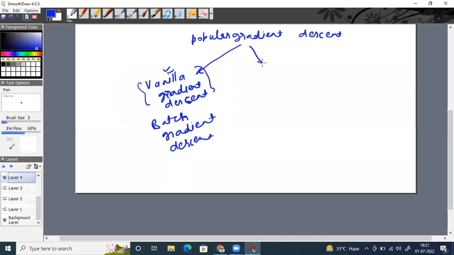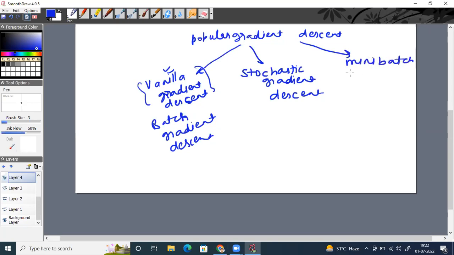The second one is stochastic gradient descent, and the third one is mini batch gradient descent. What is the difference between these three?